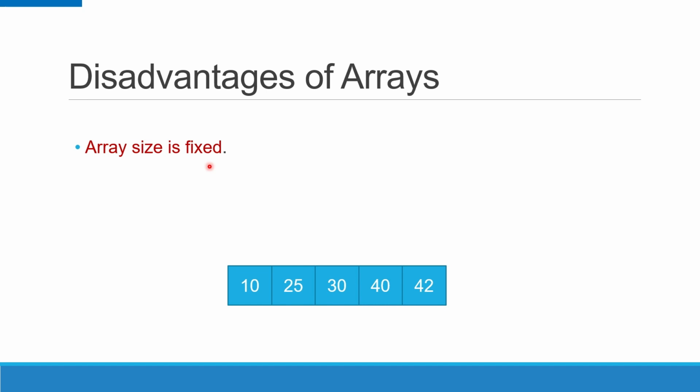The one thing you can do is create a new array and copy all the old array content to the new array. So that is time consuming. Once you have declared the array size, it is fixed. You cannot increase the array size.